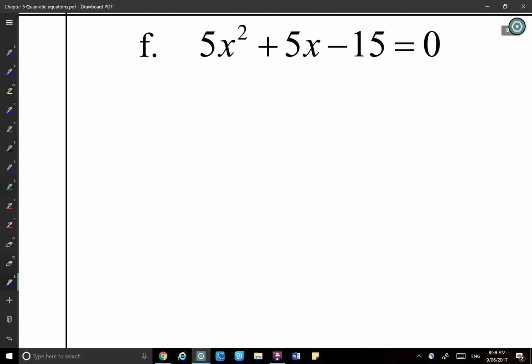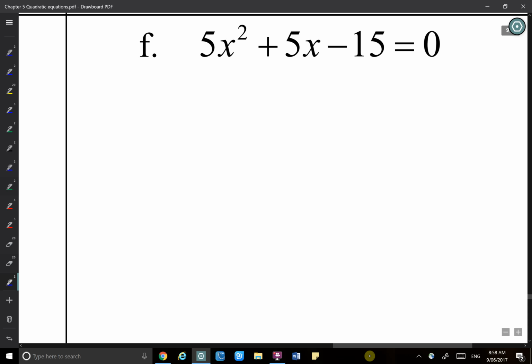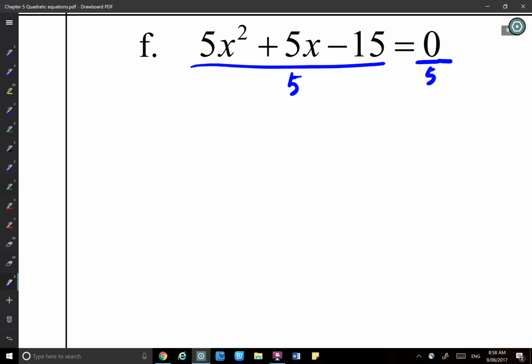What can we do to F? Yeah, like take the 5 out as a common factor, or we can directly divide 5 on both sides. Instead of taking the common factor, I prefer to just get rid of the 5. So I can divide the 5 on both sides.